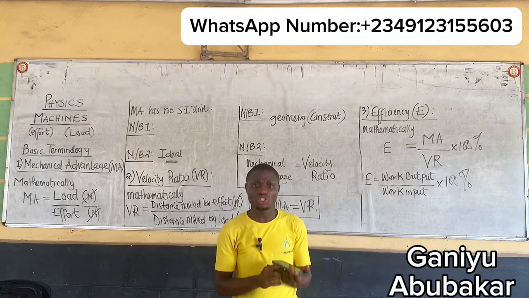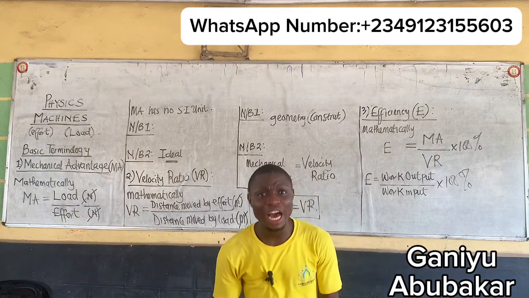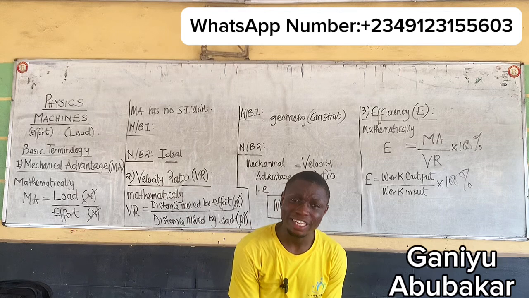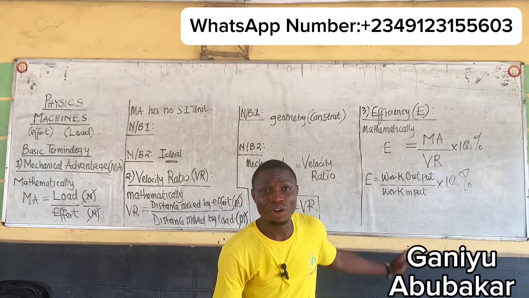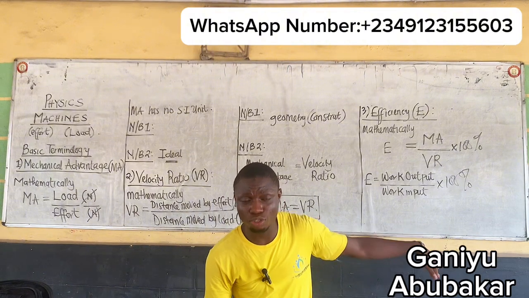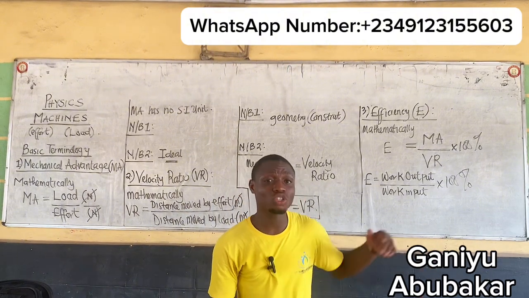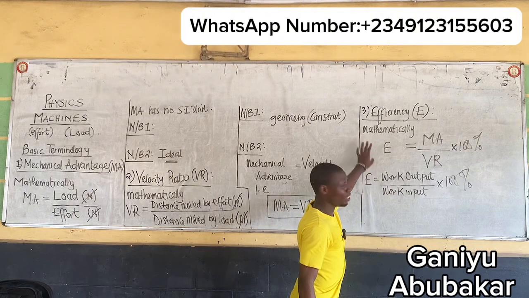In a question where they didn't give you VR or MA, and you have to find efficiency, what they gave you was just work output and work input. To find efficiency, you don't need to use the MA over VR formula; use this one.